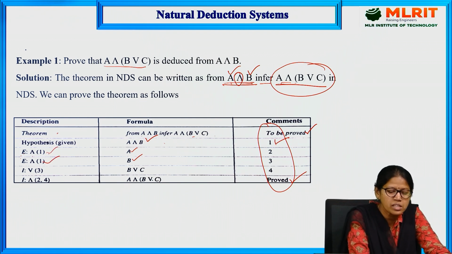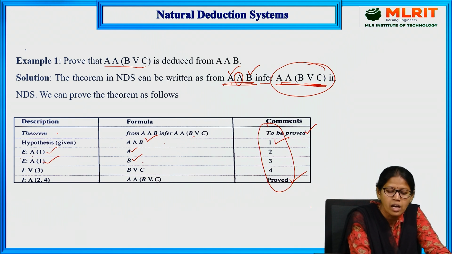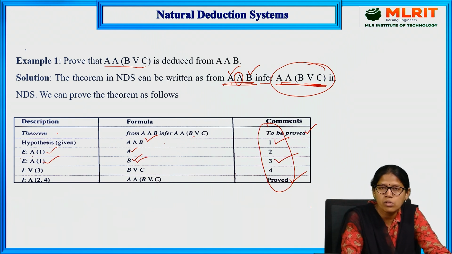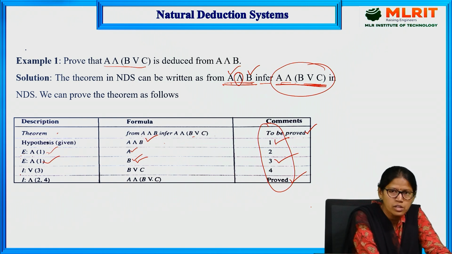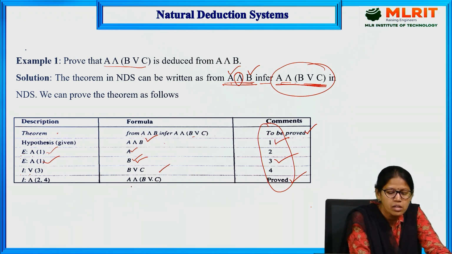After eliminating, the values are A and B. Next, we need to get this value. To get this value, we need to add or C to row number 3. For that, introduce the or symbol to row 3. So we have drawn it like that, B or C. Next, we need to introduce and again with 2 and 4.